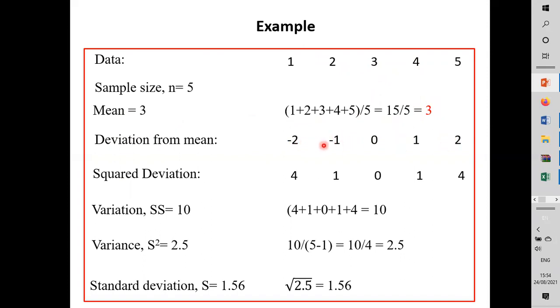We add all this, what's the answer? 0. Useless. You know what I do? Square it: 4, 1, 0, 1, and 4. And add it up. How much? 10.